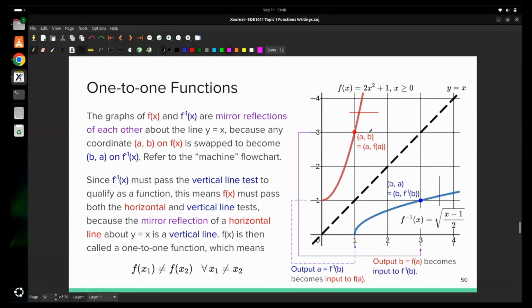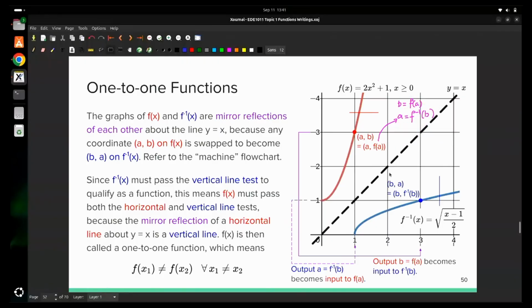So if you have A, f of A, by virtue of the inverse function definition, B equals f of A. But the inverse must be true also: A equals f inverse of B. I just changed the x and y to A and B, so actually the concept remains the same.